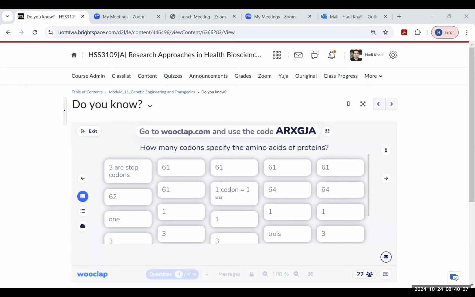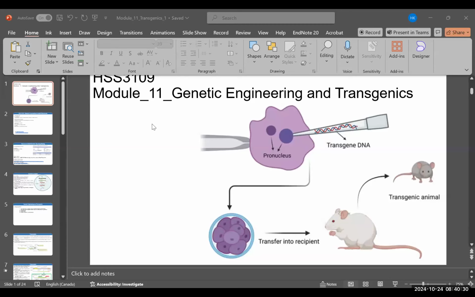And in the next lecture, we will start constructing transgenic animals. We will mostly focus on animals, like on mice, sorry. So let me stop sharing. And let's go to the lecture here. Okay.